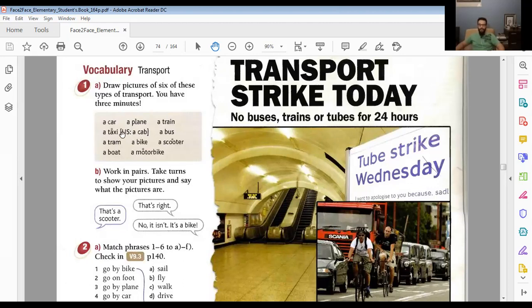In America and the USA, you can also say cab. It's the same meaning. Cab, taxi, it's the same thing. We also have a bus, a tram, a bike, a scooter, a boat, a motorbike. All of these are different types of transport.